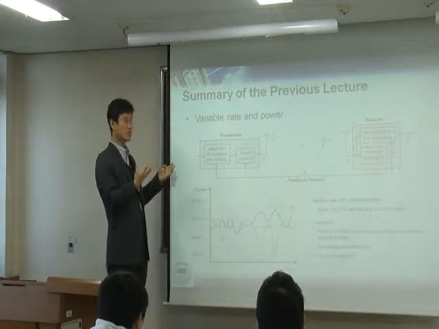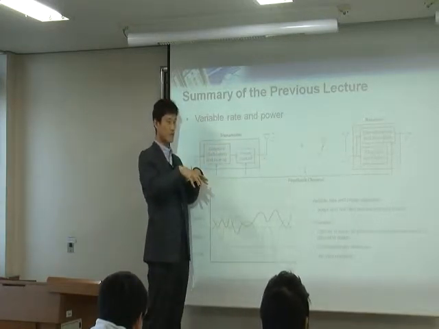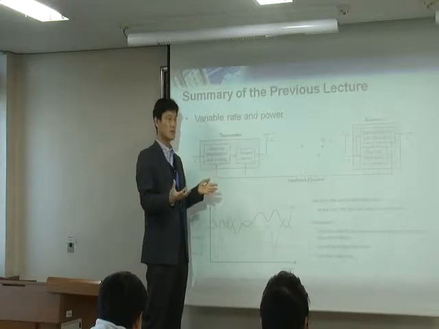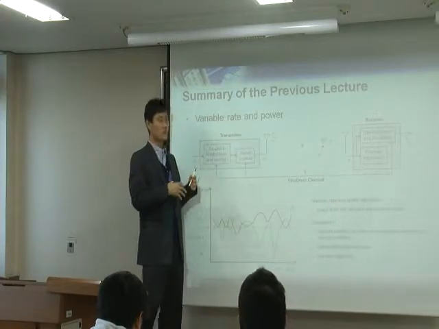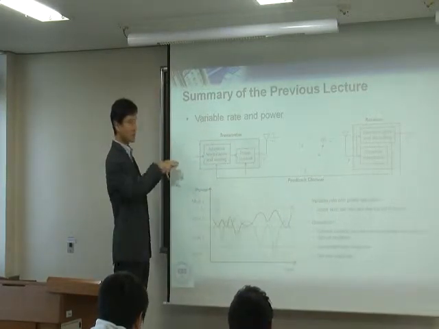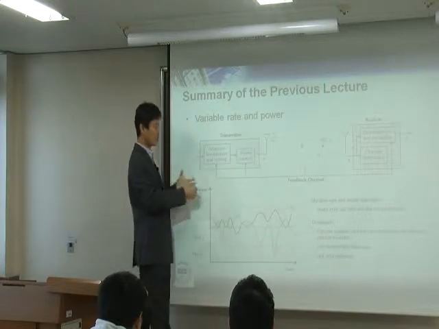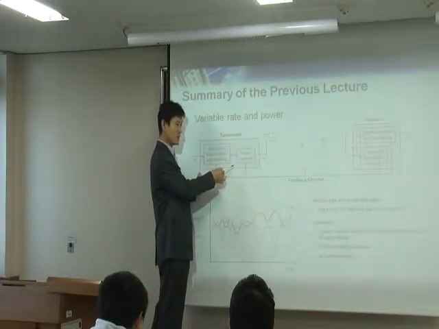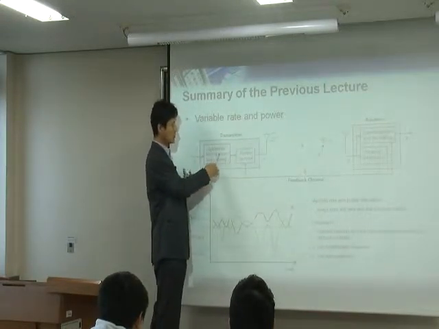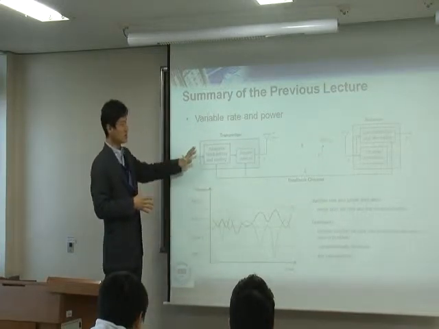So putting these two variables together into your problem, somehow you have to formulate a second order optimization problem, something like that, right? It's a little bit more difficult to decide how to change the power based on what, and how to change the modulation coding. So this is a little bit difficult problem.